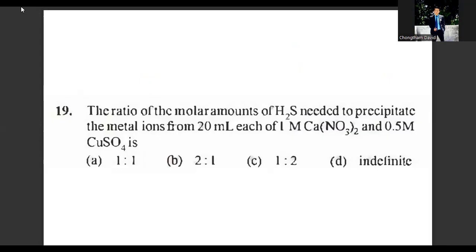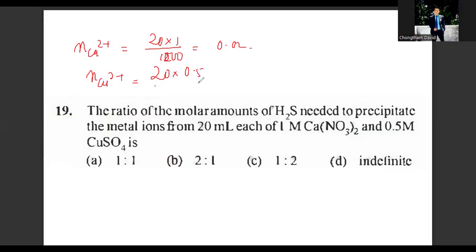How we can confirm this: moles of calcium ions to form precipitate is 20 into 1 divided by 1000, so it will be 0.02. And moles of copper to be precipitated equals 20 into 0.5 by 1000. This would be 0.01. So molar amount of hydrogen sulfide will be in the ratio of 2:1.